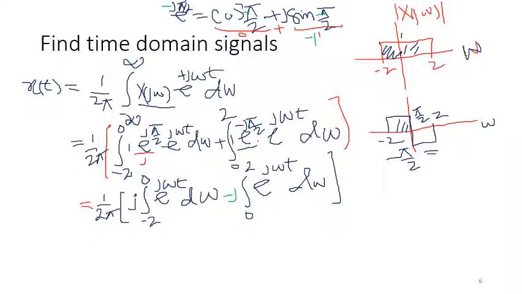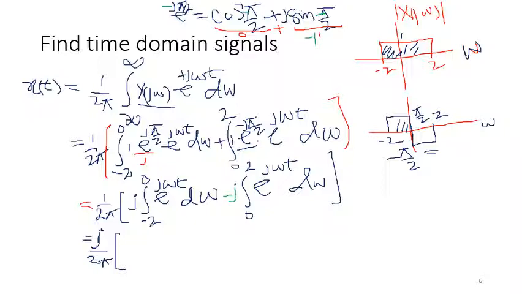So we can write it like 1 by 2 pi and the integration of this, because j can also be taken common. If I take j common, then this is common, and this one is also.